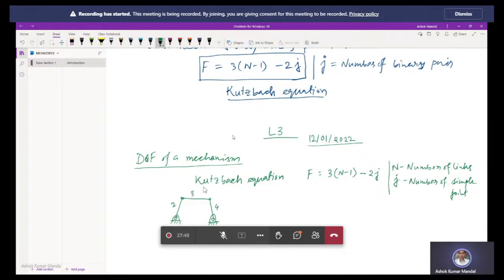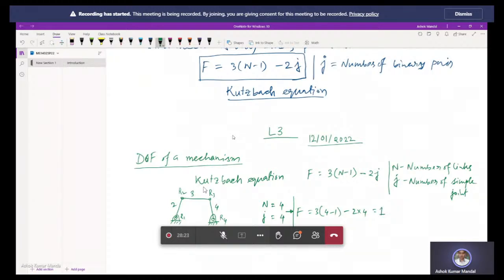How many joints are there? R1, R2, R3, R4. So here n equals 4 and j equals 4. From here, what is F? 3 into 4 minus 1 minus 2 into 4. What is this value? 1.